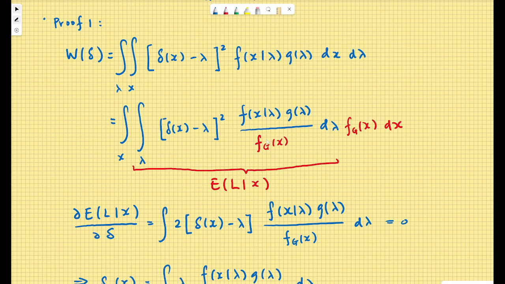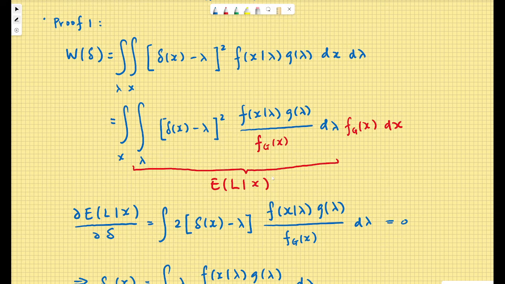So essentially what I did here is I multiply and divide by the marginal distribution f capital G, so that I have the posterior density here. Okay, remember the posterior density is the density of lambda given x, right? Because here I want to calculate the expected value of the loss function given x, right?